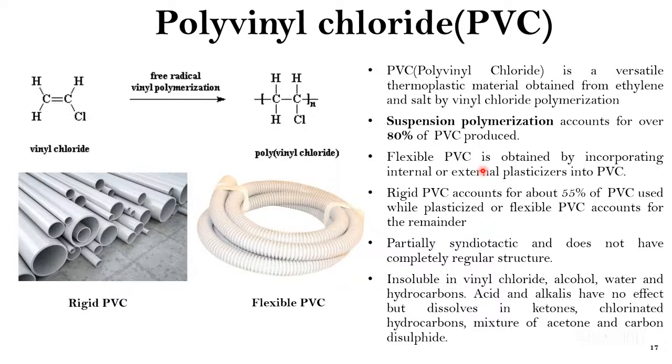Without plasticizer, you can't get flexible PVC. The rigid PVC accounts for about 55% of the PVC used in the market, while plasticized or flexible PVC accounts for the remainder, so 55% is rigid PVC and 45% is flexible PVC.